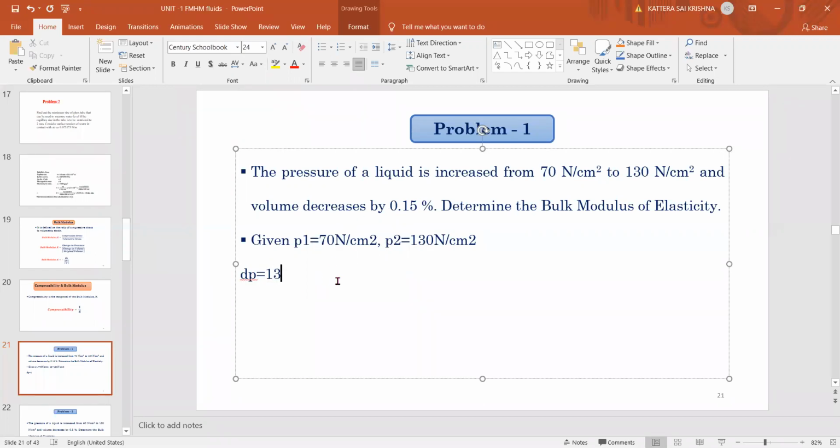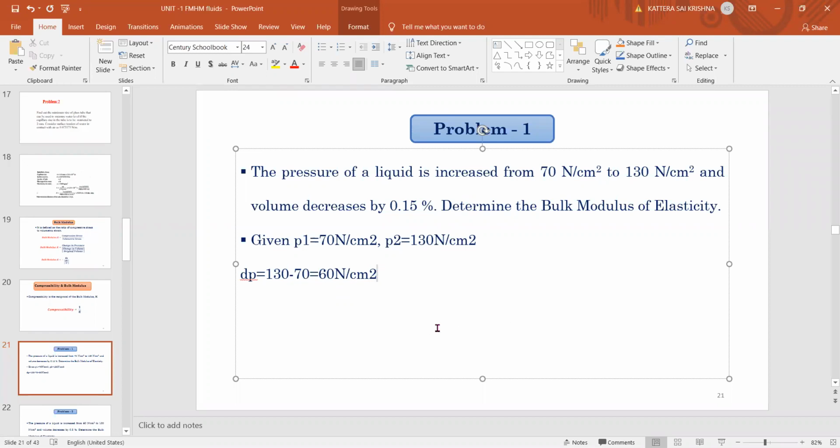So 130 minus 70 equal to 60 Newton per centimeter square.